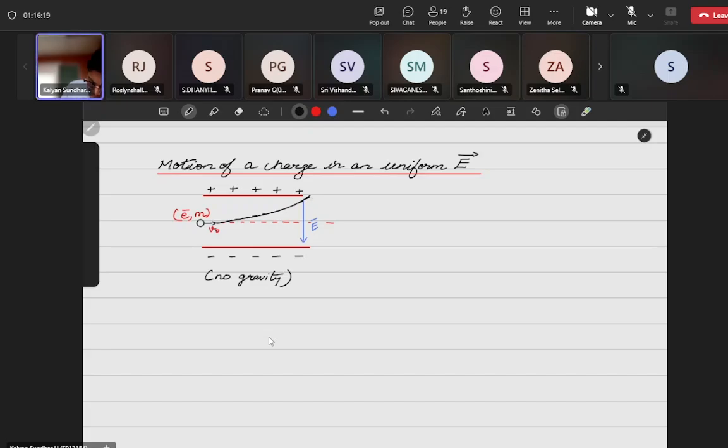So this is the deviation. Let me take it as y, and this is theta, the angle of deflection. So y is the distance deviated and theta is the angle of deflection.